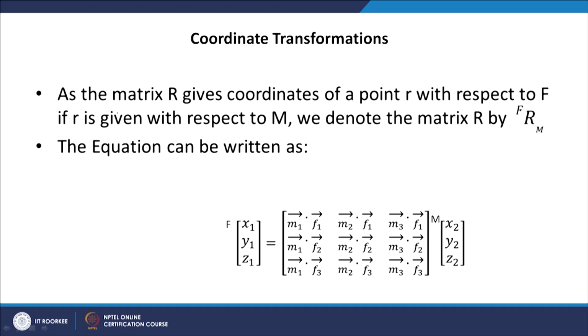So, we can write this relation R as F R M, because we will express the coordinate frame M with respect to the F frame.